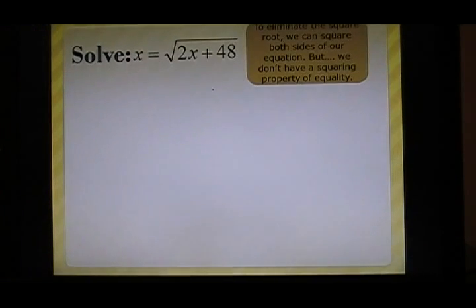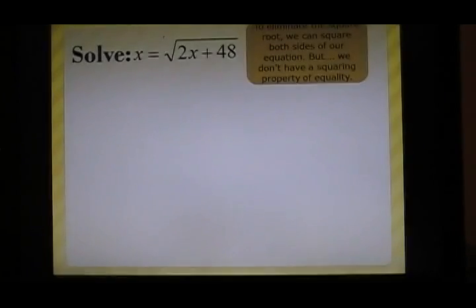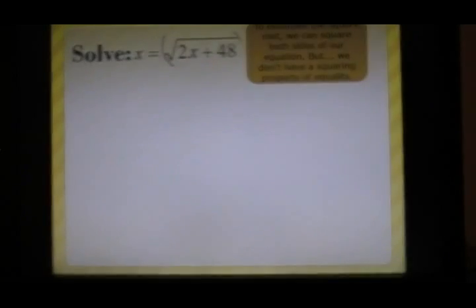Mathematically, what we're really doing is not that. But for convenience and ease of use for most people, we say we can eliminate this square root by squaring both sides.